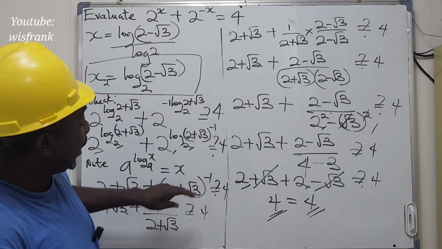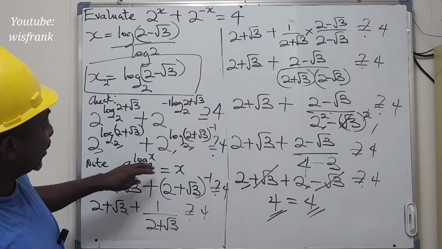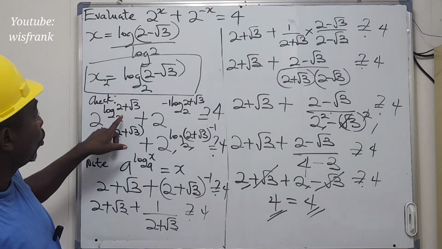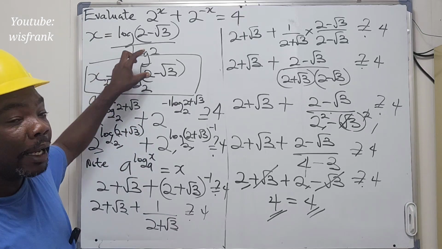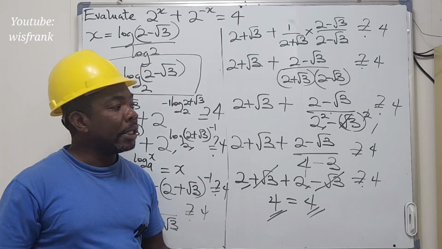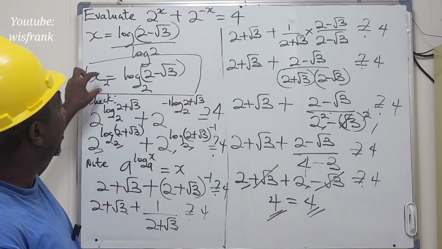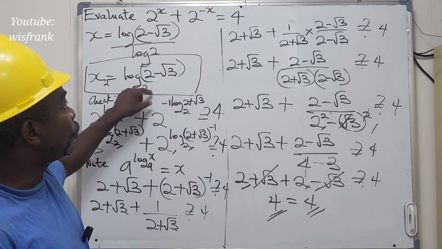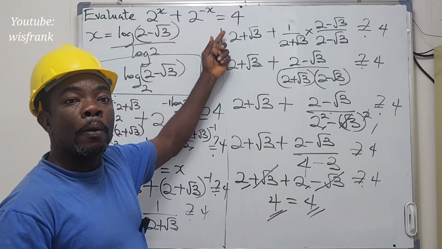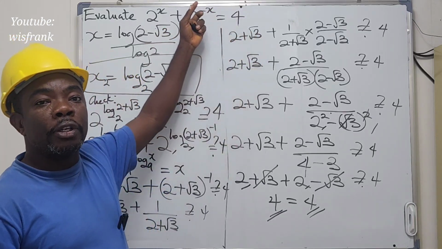Therefore, the value of x equals log of 2 plus root 3 base 2 satisfies this expression. You can put in the other one, where we have x2 as log of 2 minus root 3 base 2. It will also give us 4 when we substitute into this expression.